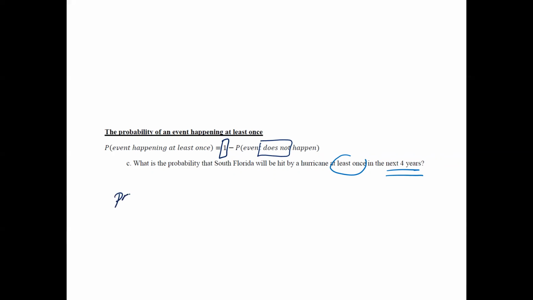So the probability that the event happens at least once is 1 minus the probability that it does not happen. Well, what is that going to be? Let's take a look.